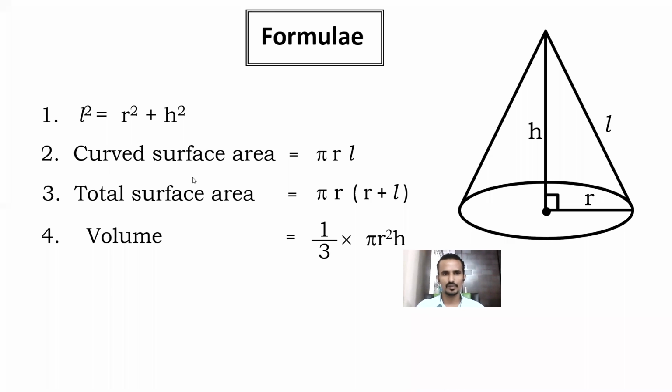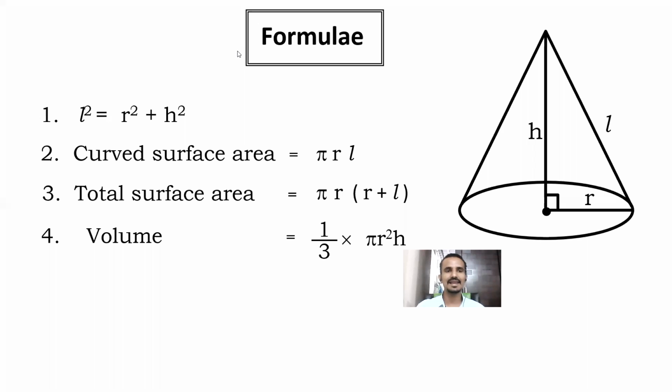So you have just seen this formula now. So for the cone, the slant height is L, and there is a relation between L, R and H because it is forming a right angle triangle. So we can say L square is equal to R square plus H square. Now this first formula can be used for finding the slant height when we have radius and height, or if we have radius and slant height, we can find out the perpendicular height.